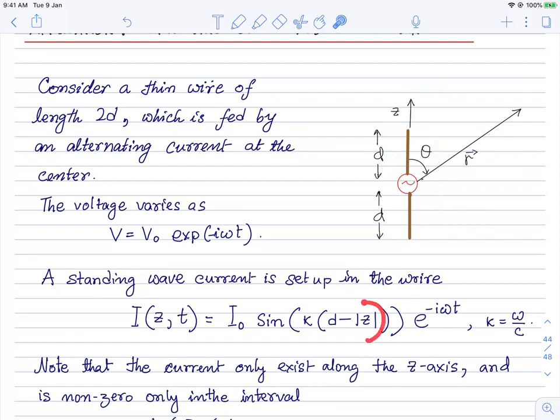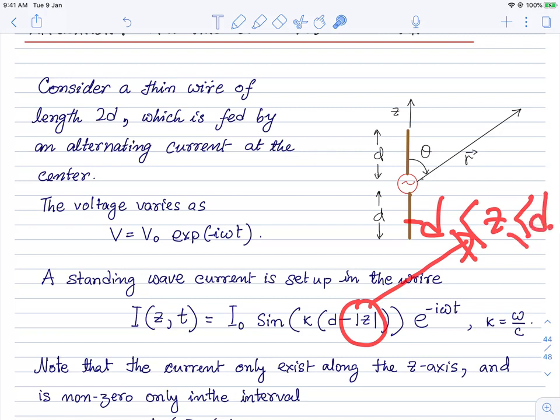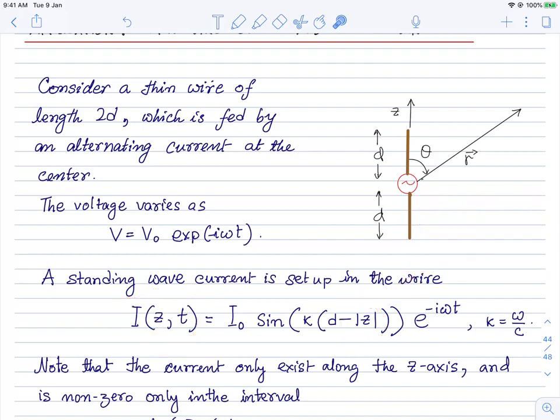Okay, so this is non-zero only when z is greater than or equal to −d and less than or equal to +d. Only in that case is this non-zero, and I is entirely a function of z. It doesn't have any xy dependence.